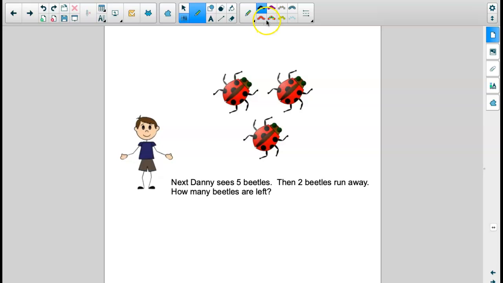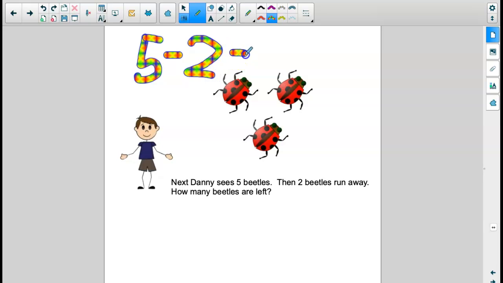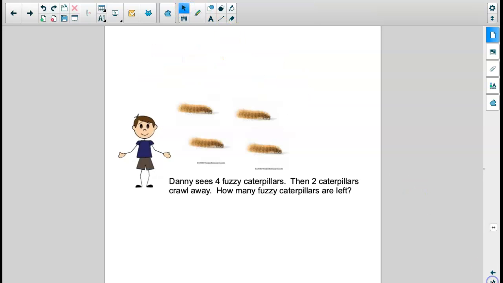So if we were going to write a subtraction sentence, we would say Danny started with 5 beetles. How many went away? 2 beetles went away. How many are still there? 5 minus 2 equals 3. All right.